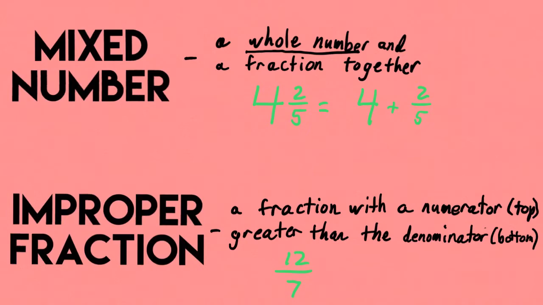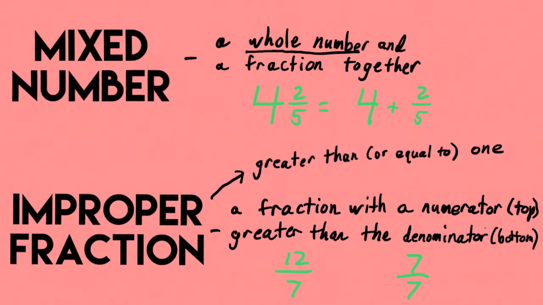And by the way, if I also had, for example, 7/7 or 1, where the numbers are equal, this is also considered an improper fraction. So it might be helpful to also note improper fractions are always going to be greater than or equal to 1.